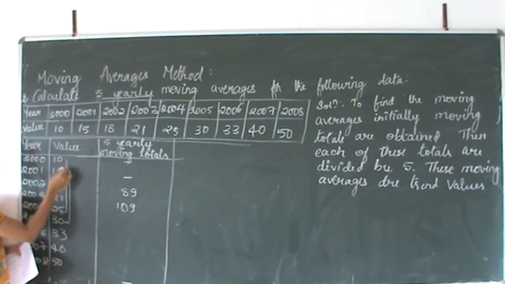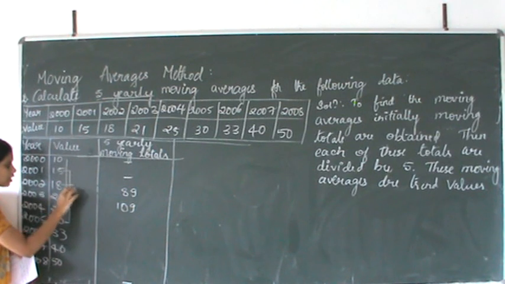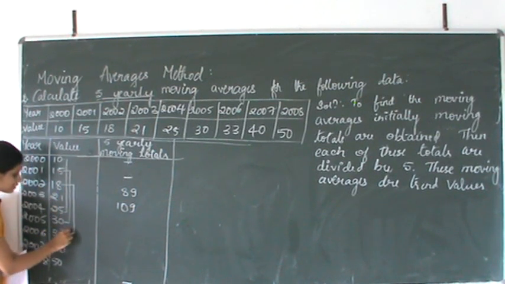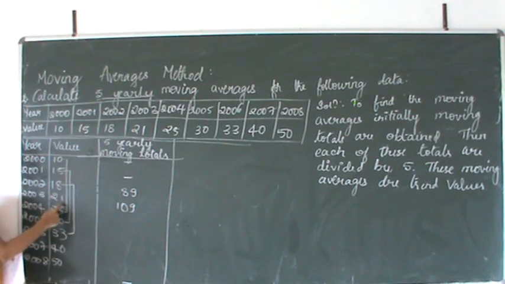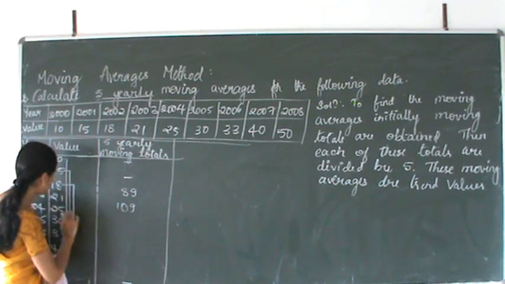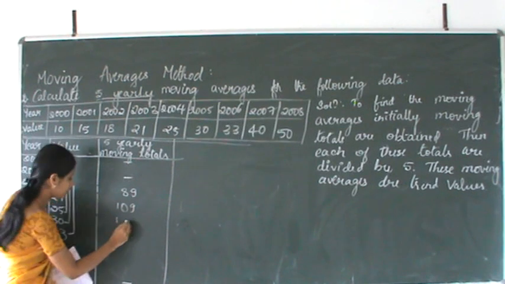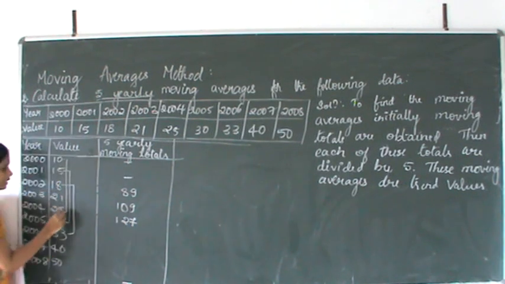Next, leaving the second year, from the third year you are going to calculate the total. 18 plus 21 plus 25 plus 30 plus 33 is 127, in the middle of the time span.